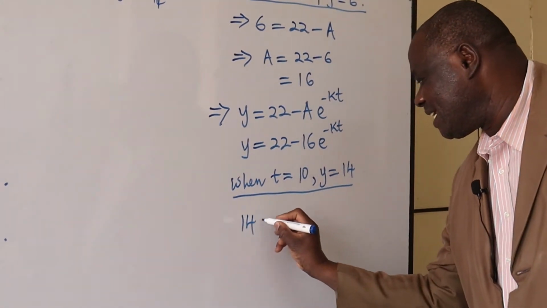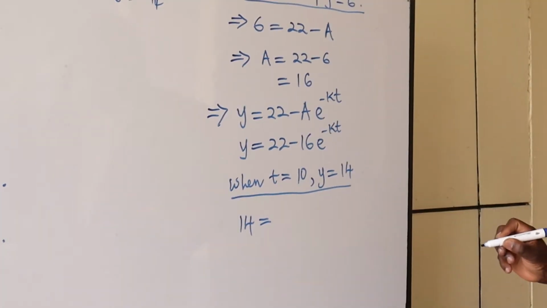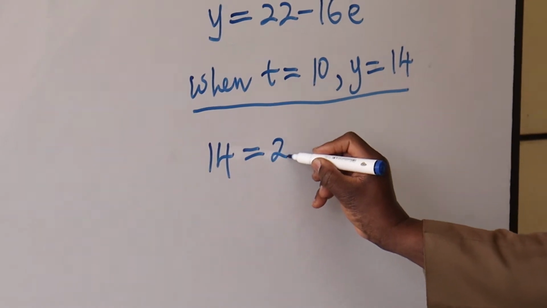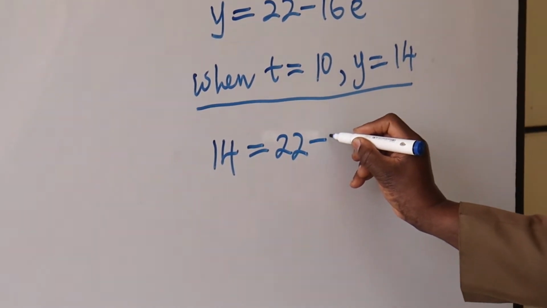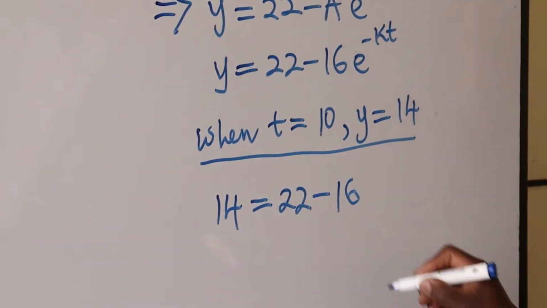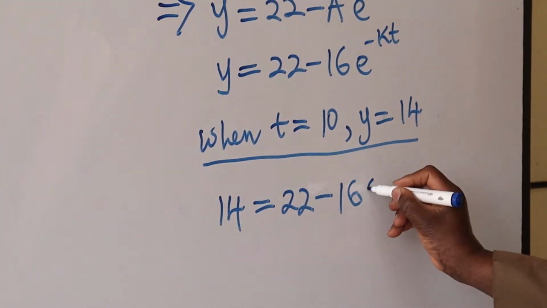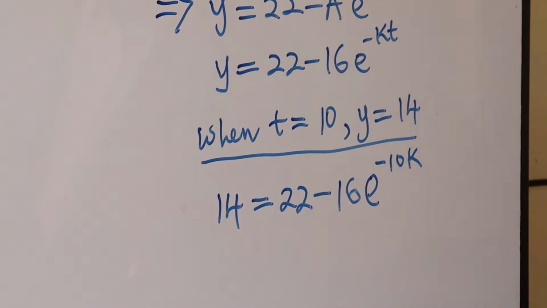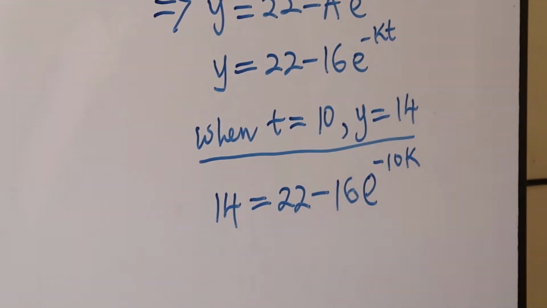So 14 is equal to 22 minus 16 e power minus 10k, because t is now 10.